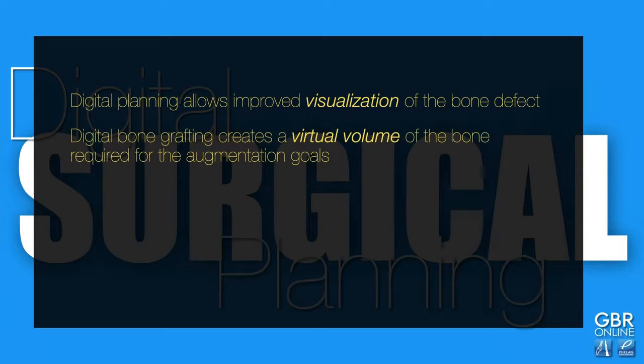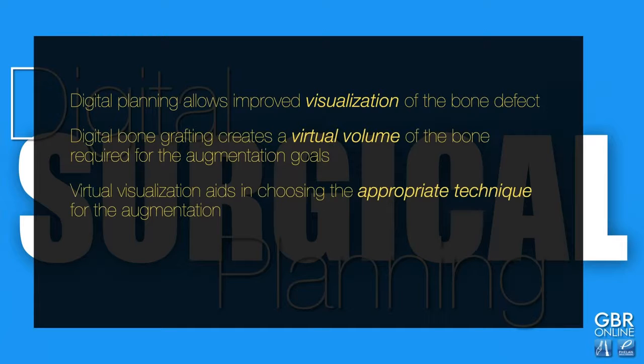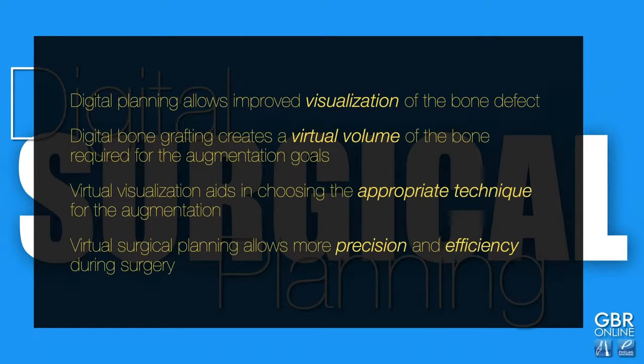I decide, okay, this is the type of defect, this is the volume needed, and I decide based also on other things. Sometimes social history, whether they're smokers, compliance, and things like that all come into play to decide what's the best technique for this specific patient. Like I said, it helps with my appropriate technique.